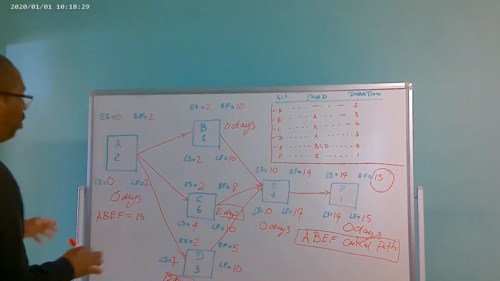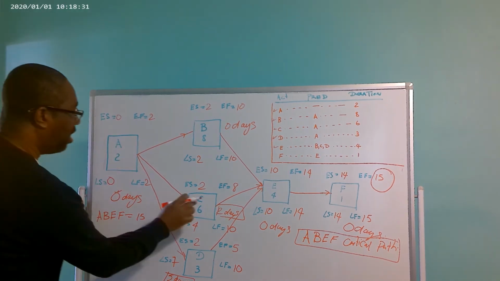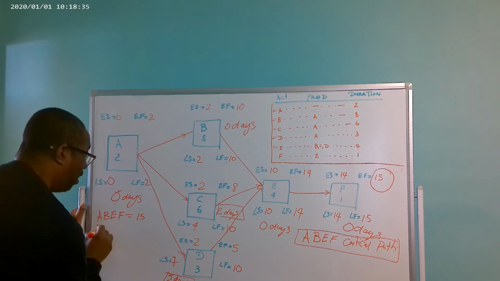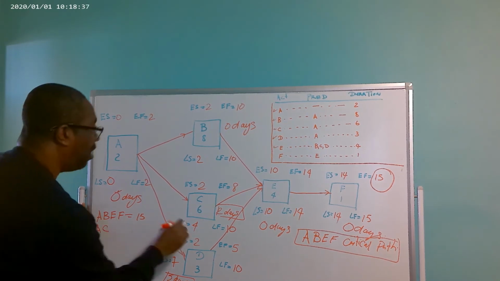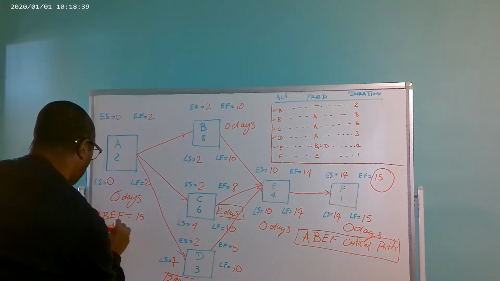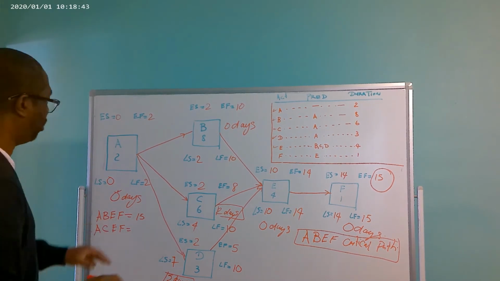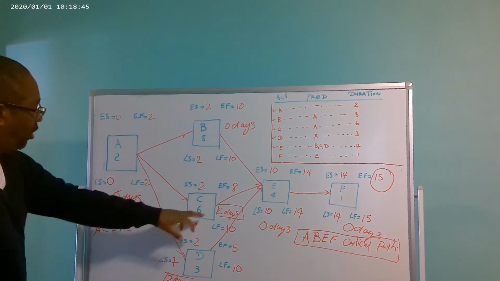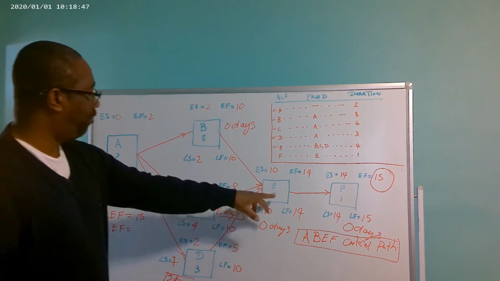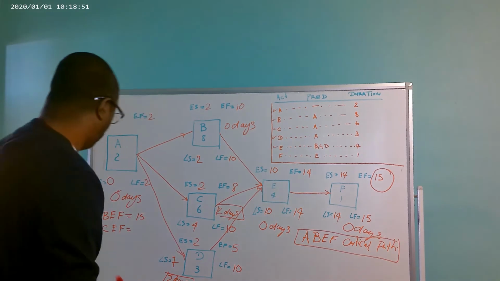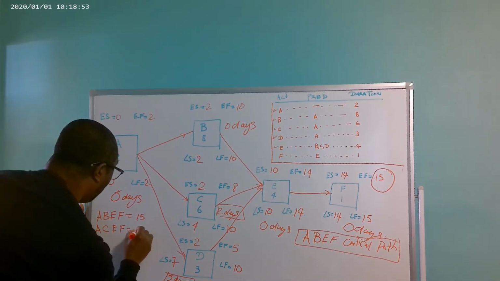Now we have another path. We have path A, C, E, and F. So let's just check that duration. So we have 2 plus 6 is 8, plus 4 is 12, plus 1 is 13. So we have 13 days here.